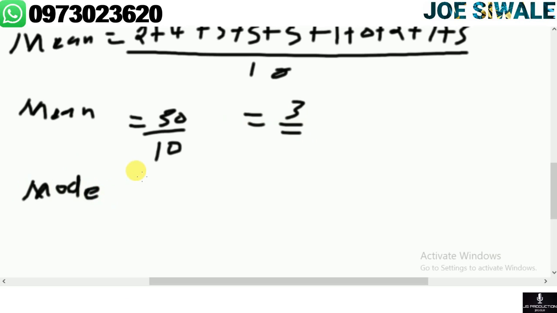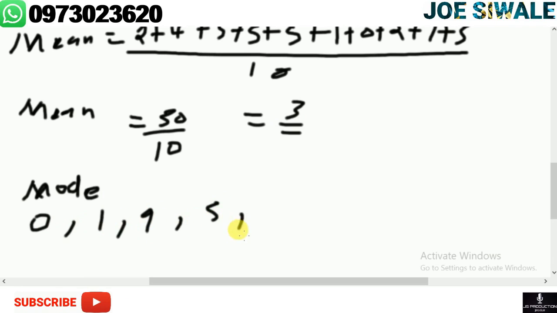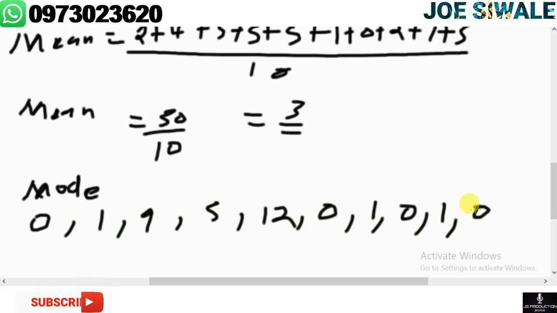So the mode is the number that has the highest frequency from the data set. So if, for example, you have been given these numbers, you have 0, 1, 9, 5, 12, 0, 1, 0, 1, 0, and you have been told to find the mode from this data set.